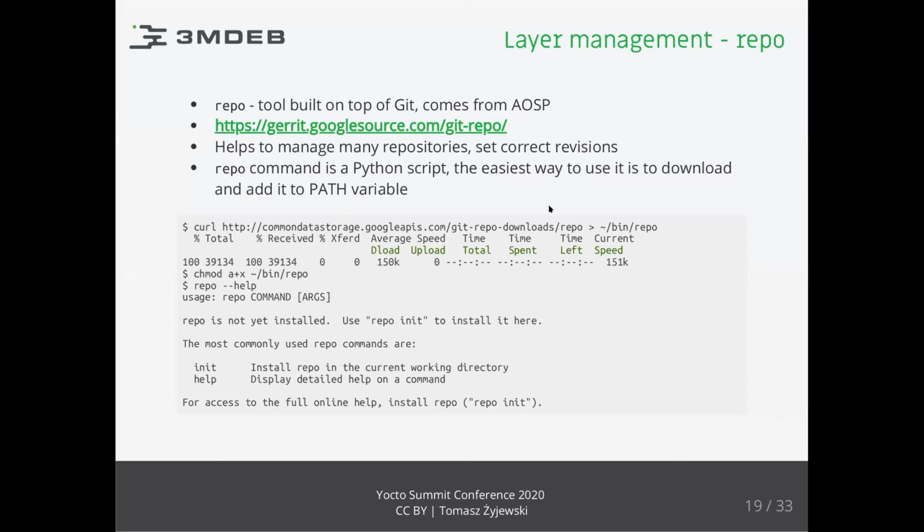In my case, it was the home bin directory. Then you need to make it executable, and after typing repo help, we see the help message of the repo command, which shows, for example, that the init command will install repo in the current working directory.